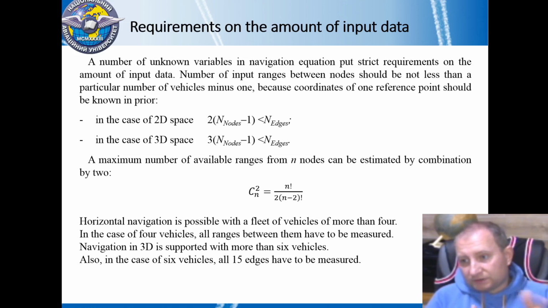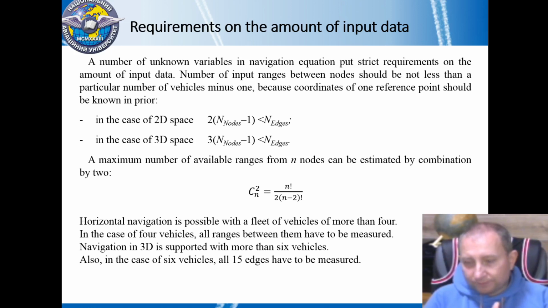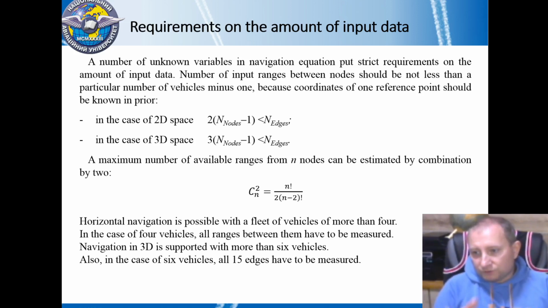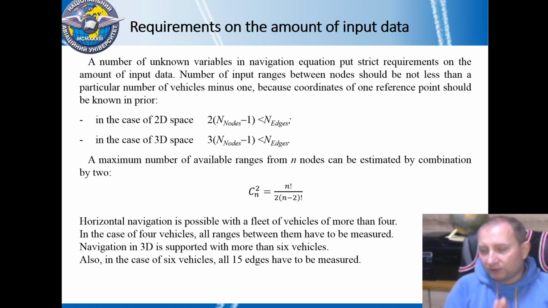It means that in this case, the coordinate of this vehicle will be equal to 0, 0, 0. In any case we make an assumption about known coordinates of one vehicle. If we don't know it, we just make it equal to 0, and it will be the reference point of our local reference frame for the vehicle formation.